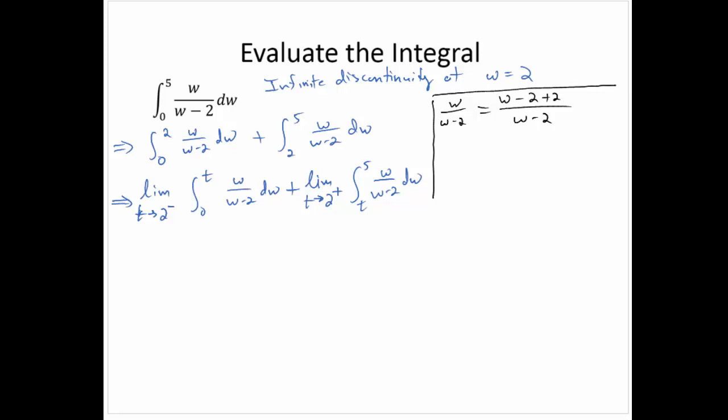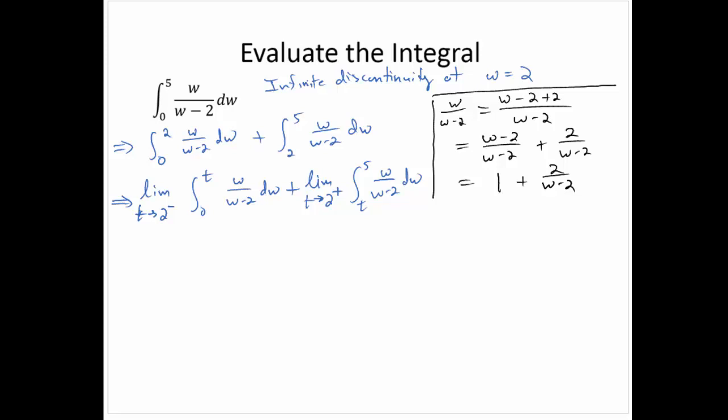But now I can write this as w minus 2 over w minus 2 plus 2 over w minus 2, or 1 plus 2 over w minus 2. Now, you would get the same thing if you did a long division on that integrand. So, why would I do that?